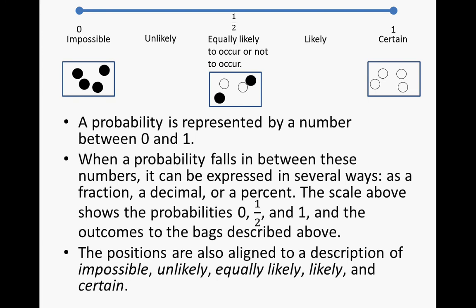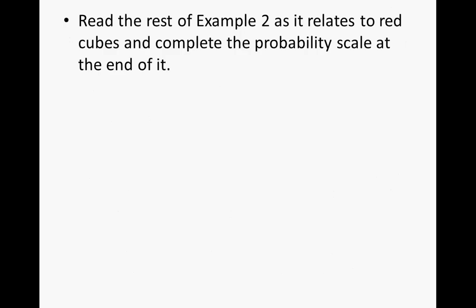The positions are also aligned to a description of impossible, unlikely, equally likely, likely, and certain. So read the rest of example 2 as it relates to the red cubes and complete the probability scale at the end of it. When you're done with that, continue the video to complete the lesson.